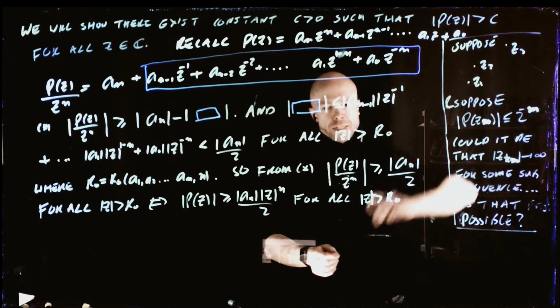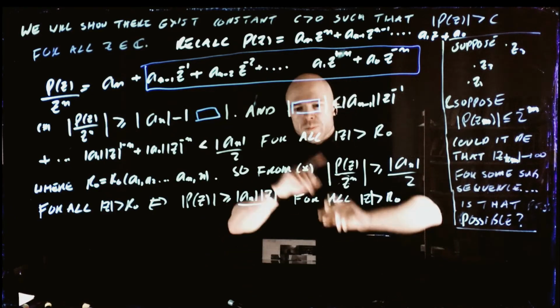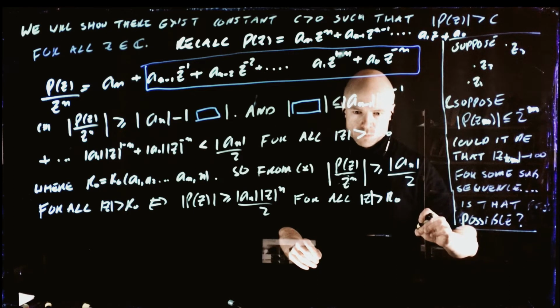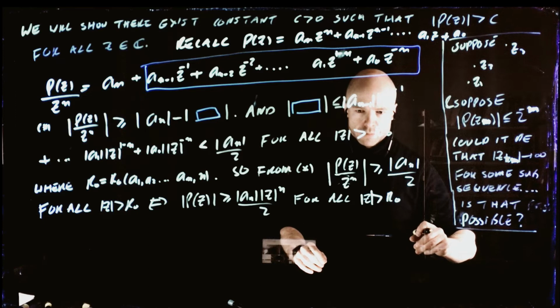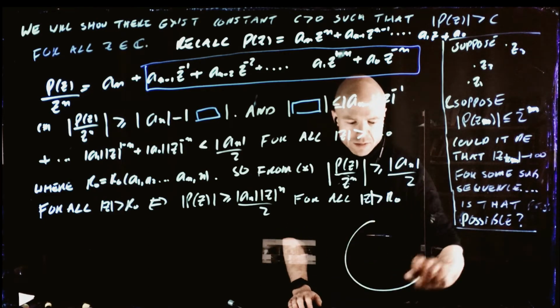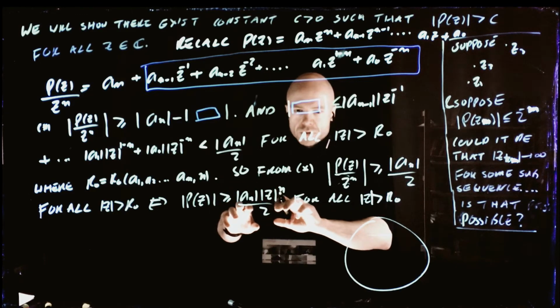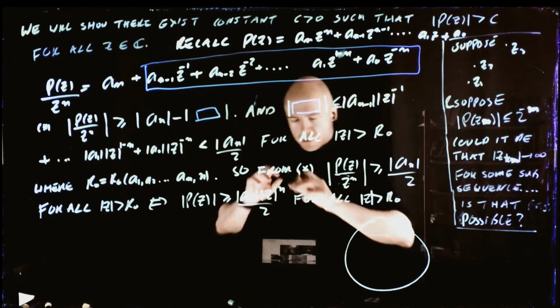Then all of those from that point onwards have to be inside the ball of radius R0. Do you see what I mean? Because outside this ball of radius R0, we know that this is true. Actually, what I said is not quite right, because we have this coefficient as well.